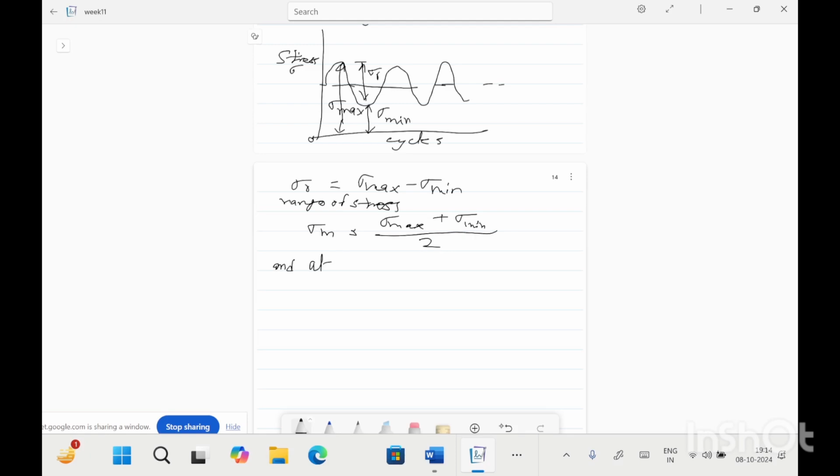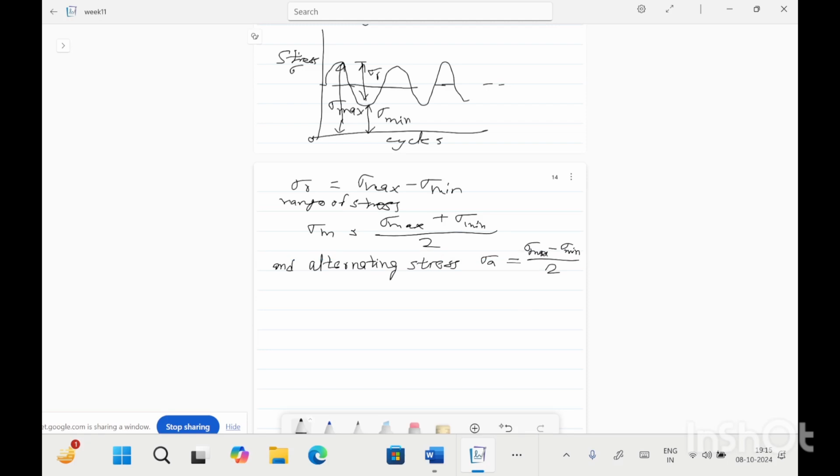And the alternating stress, sigma A, can be written as sigma max minus sigma minimum divided by 2.